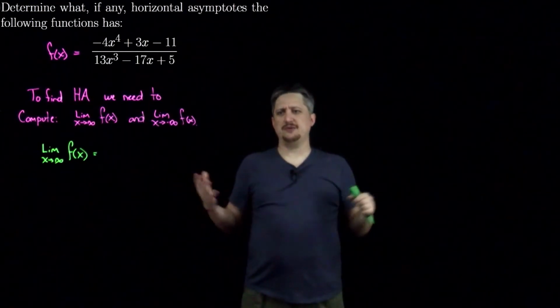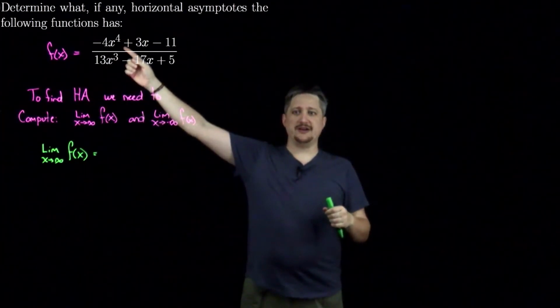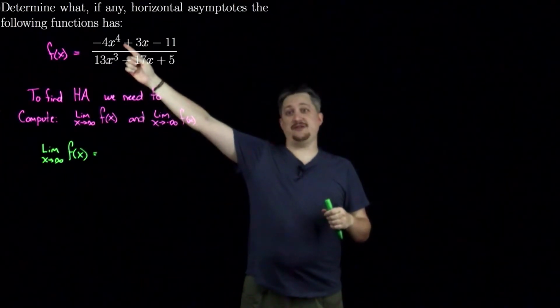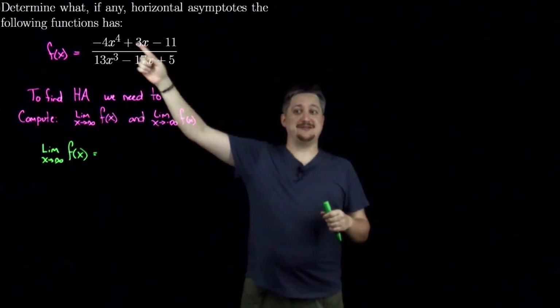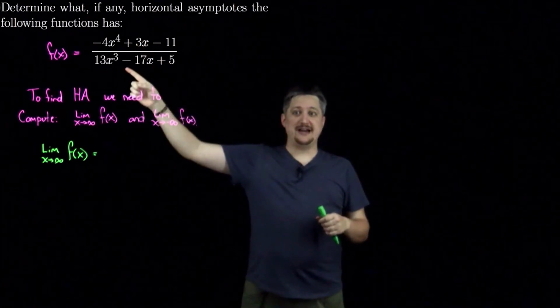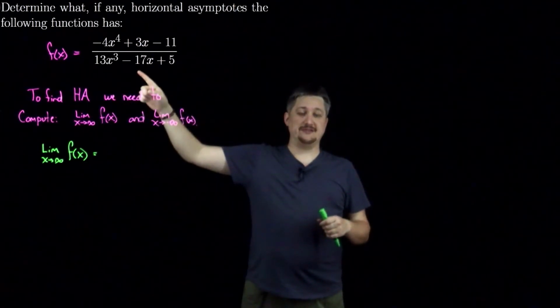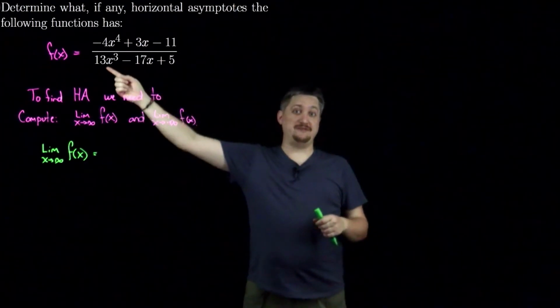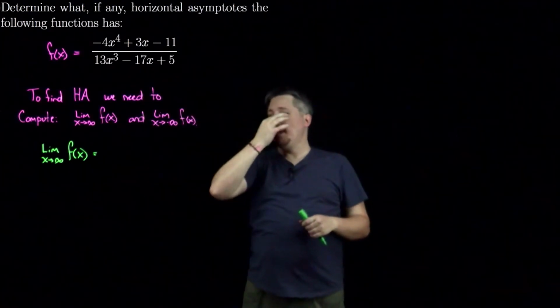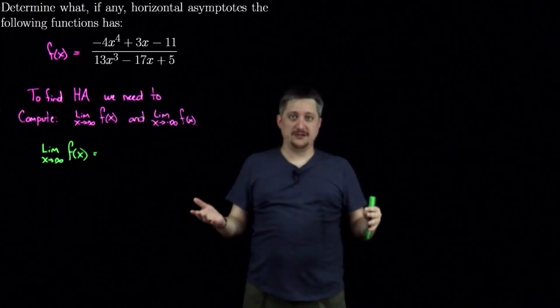But if we ask ourselves what happens as x gets really, really big, our expression gives something very negative and very big and positive. So we're going to get some infinity minus infinity nonsense in the top, and the same in the bottom, because we're going to get something big and positive minus something big and positive. You're going to get infinities everywhere.